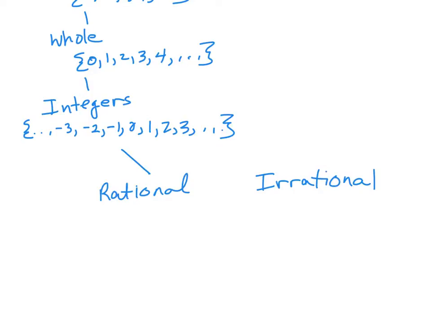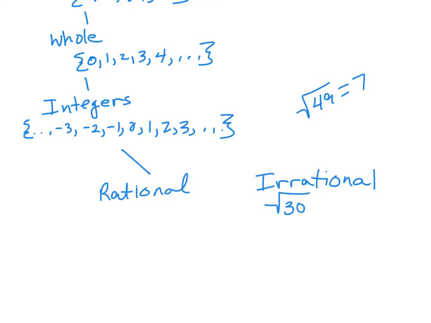Now, a rational number was anything that could be expressed as a ratio. An irrational number was anything that could not be expressed as a ratio. If you remember, we said that mostly the numbers in our class that cannot be expressed as a ratio would be square roots, but not square roots like 49, because that's 7, which we know is rational. So we'd be talking about square roots of something that we don't know, like the square root of, say, 30.